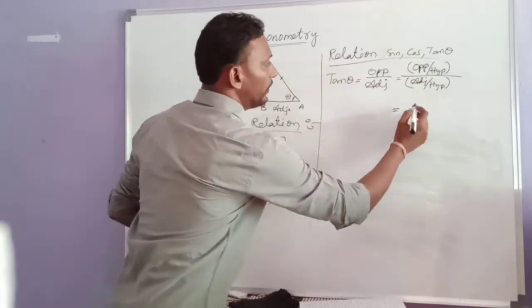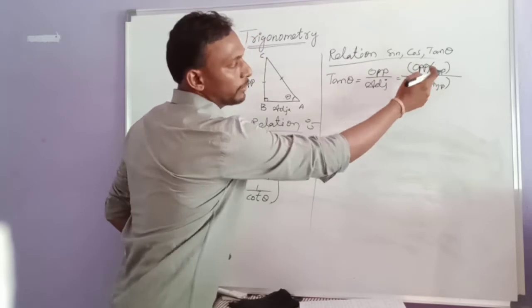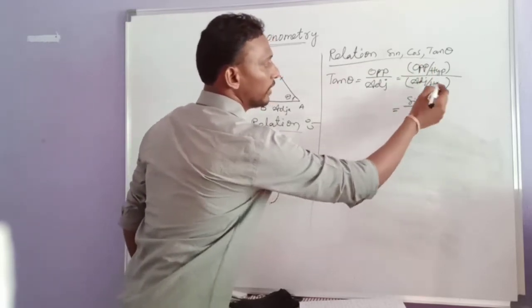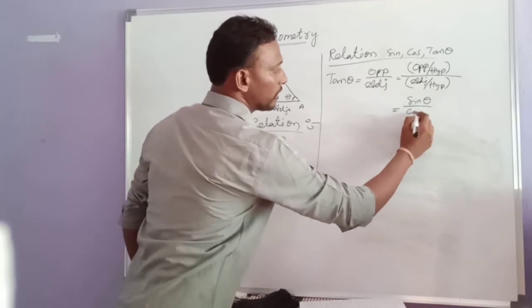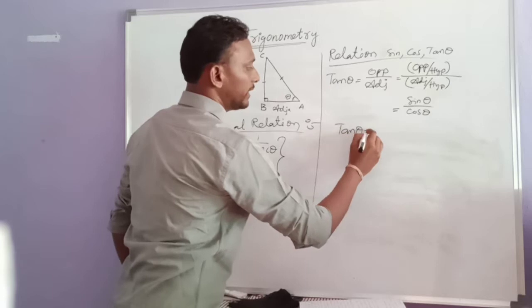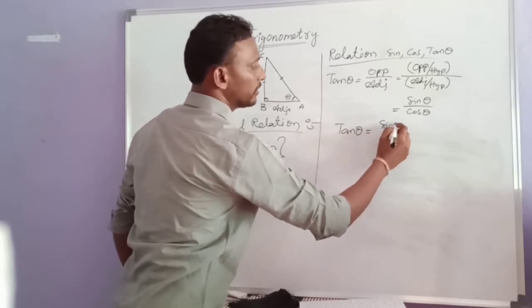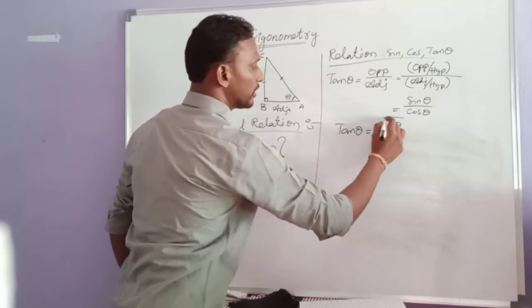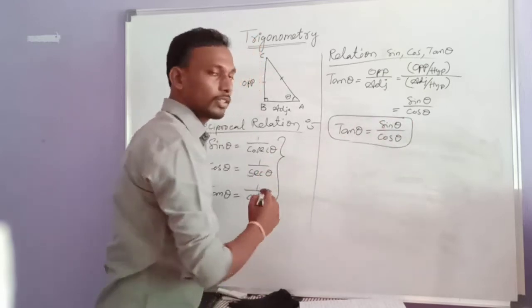So now we know that opposite side by hypotenuse is nothing but sin theta, and adjacent by hypotenuse is what? Cos theta. So we can conclude that tan theta is equal to sin theta by cos theta, right?